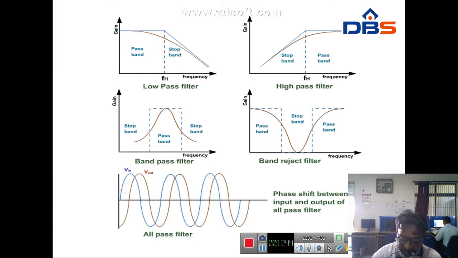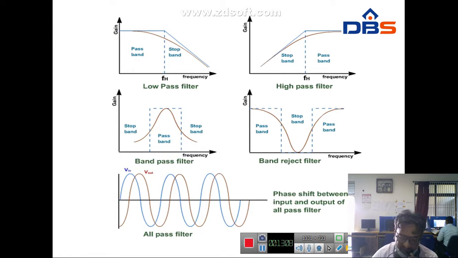It shows the phase shift between input and output voltages of an all pass filter. This filter passes all frequencies equally well. The output and input voltages are equal in amplitude for all frequencies, with the phase shift between the two a function of frequency.